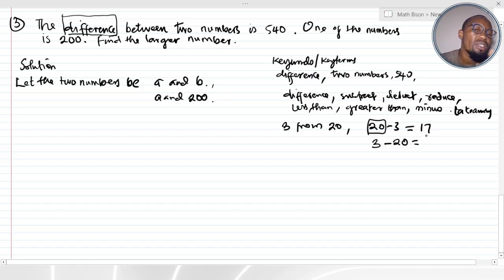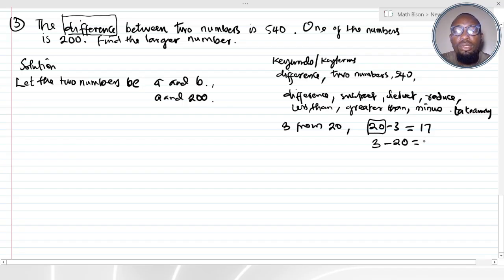But don't forget, the question did not clearly tell us that it is this particular one that is subtracted from the other. It just said a difference, meaning any of these can work. Difference of 20 and 3 can be 20 minus 3, and it can also be 3 minus 20.